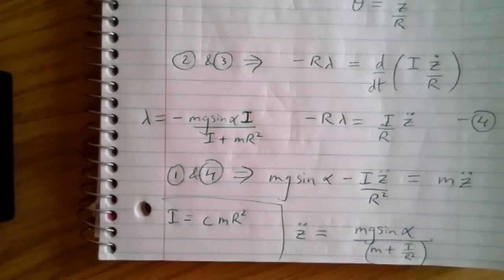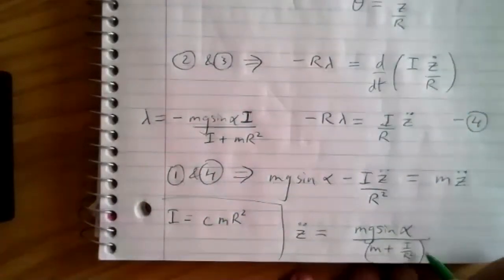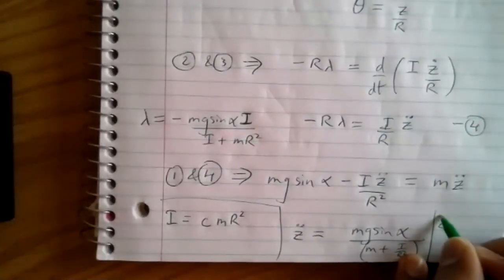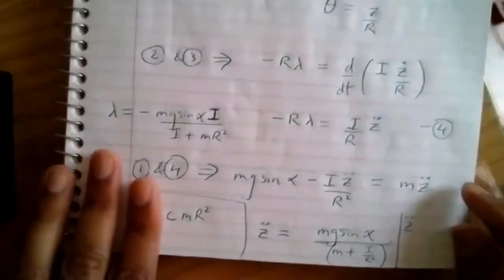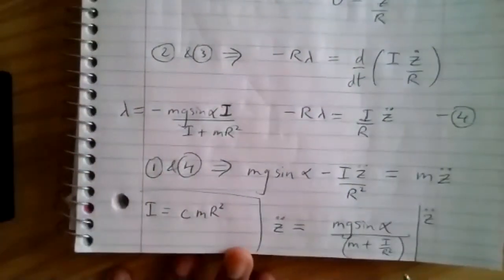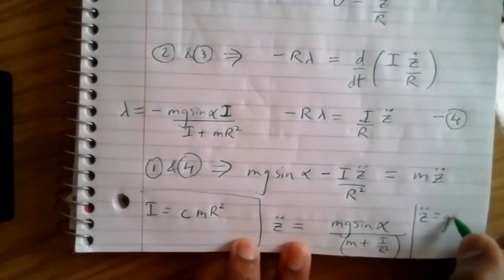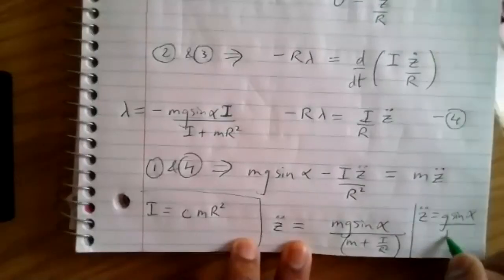Right, so it's just some number times m r squared. So if we plug that in, in both cases, then our z double dot is going to simplify a little bit, because I over r squared will just be m c. You could pull out m or cancel, so you get g sine alpha over 1 plus c.